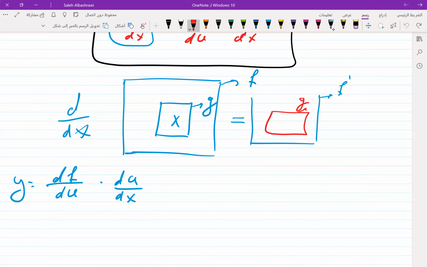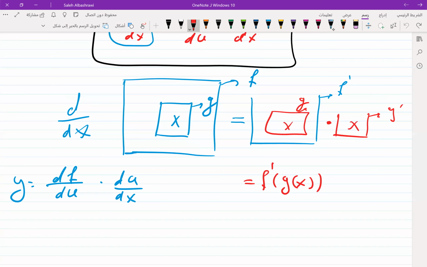So the first step, we open the outer box, which is f, that is f prime. What is inside is still closed. It is f prime g of x. Now, to get x, the next step, I need to open the second box. That is g prime. And then I can get x from the second box.